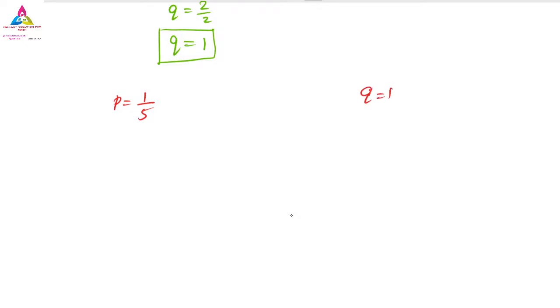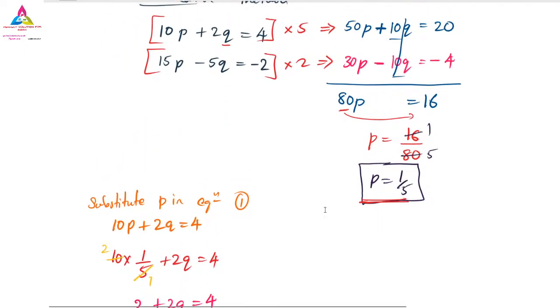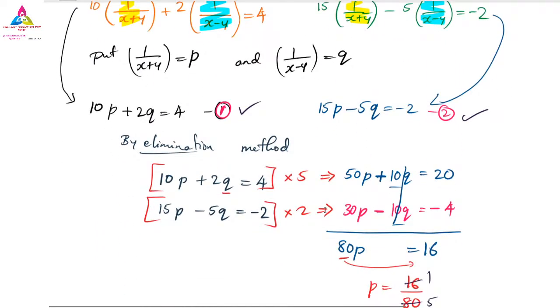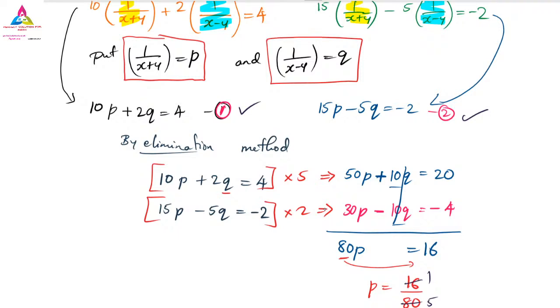What we have taken as p, that is most important. Here you can see, we have taken p as 1 by x plus y, and q as 1 by x minus y. This is most important now. Substitute in the place of p and q.